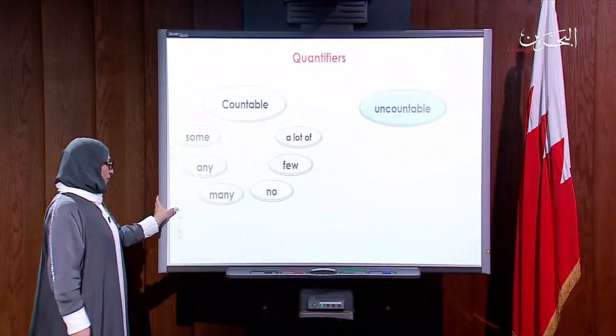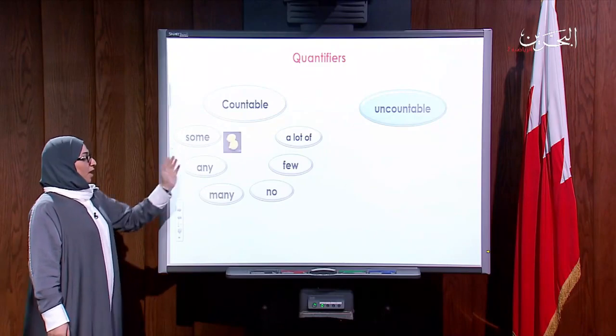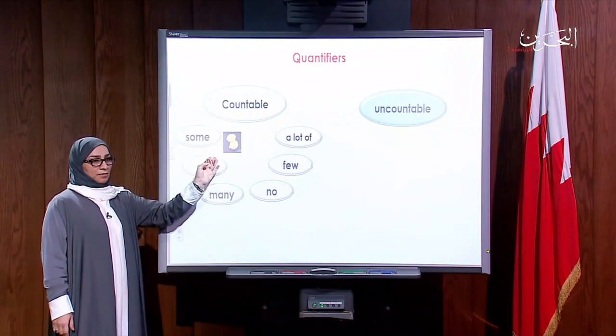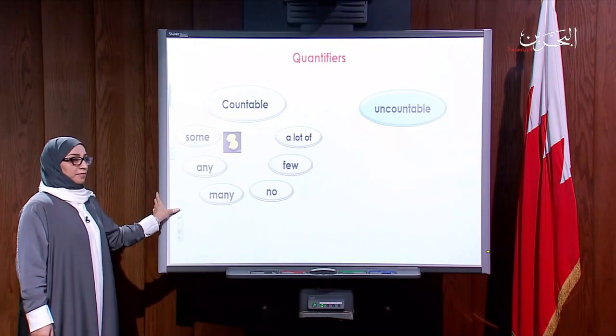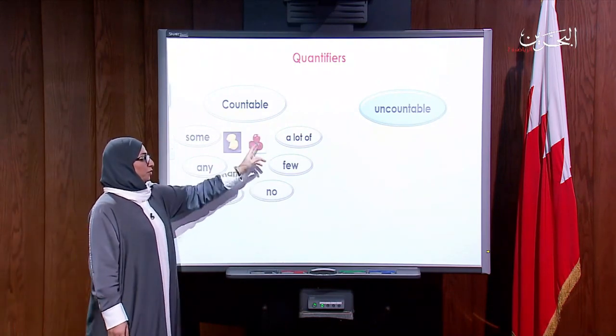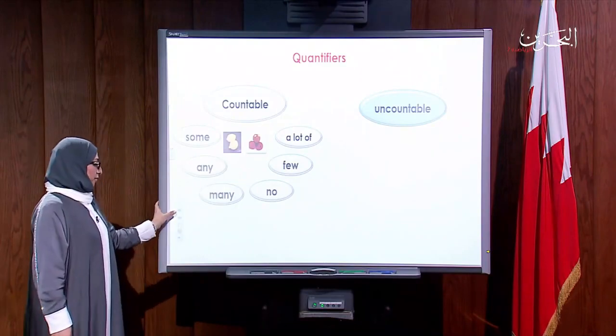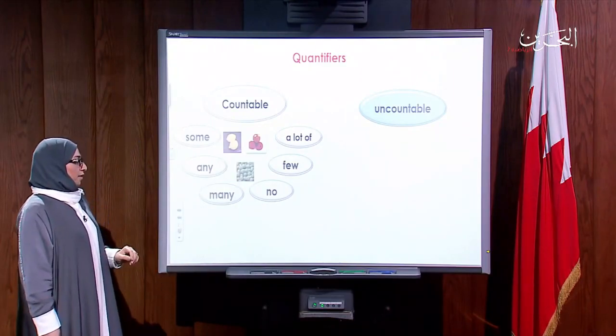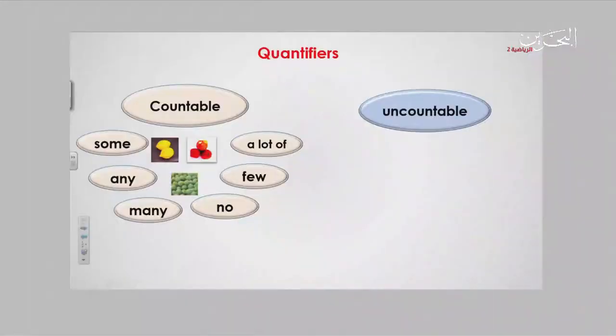For example, I have some lemons. Or, I have few tomatoes. And this one, the peas. Do you have any peas? From my example, when I say, do you have any peas, it means any is used with questions.